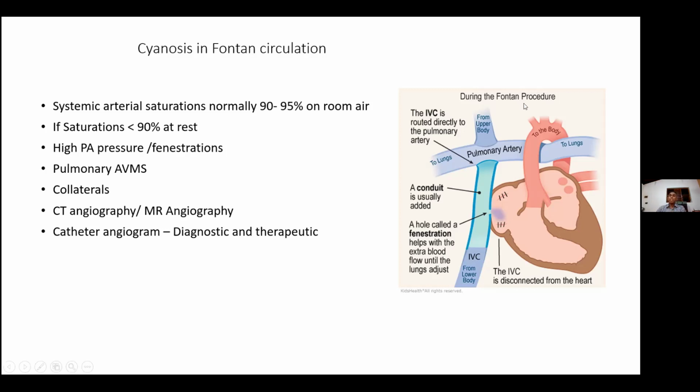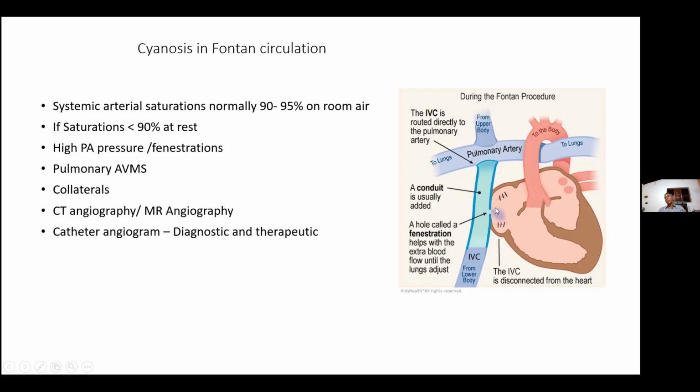For some reasons, as they grow, they can have high pressure. So what will happen? If there is no communication here, the blood can't go in. The IVC can't go, SVC can't come here. Then there won't be any pulmonary venous return, because to get the pulmonary venous return, the blood should reach the pulmonary artery. If it doesn't reach, then you won't get the cardiac output.